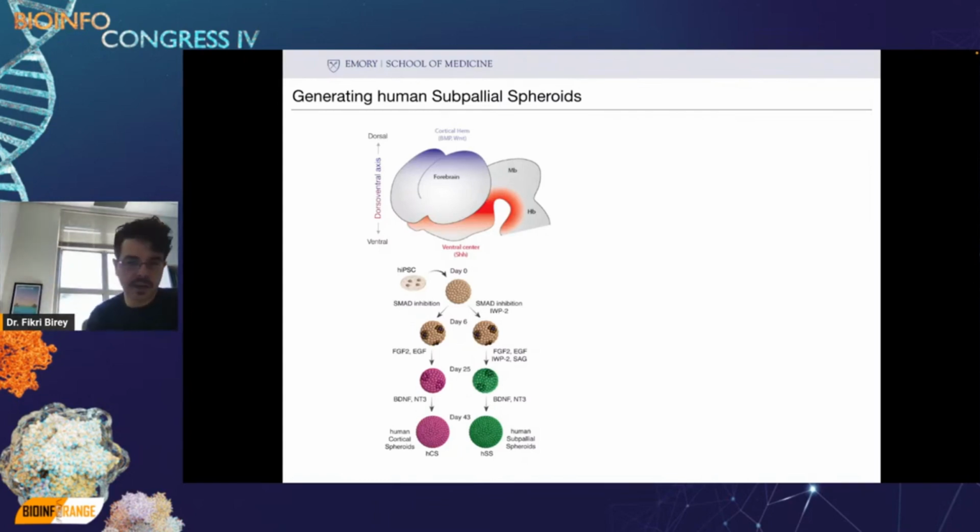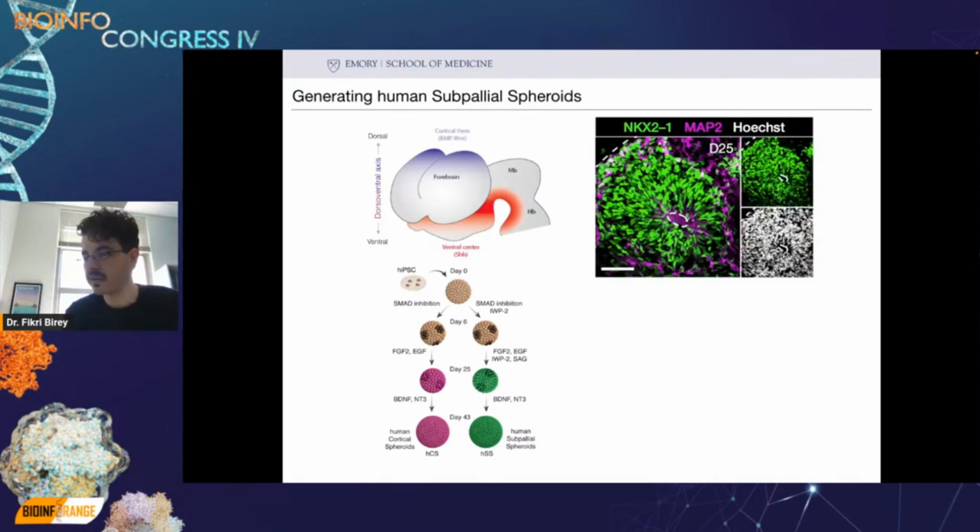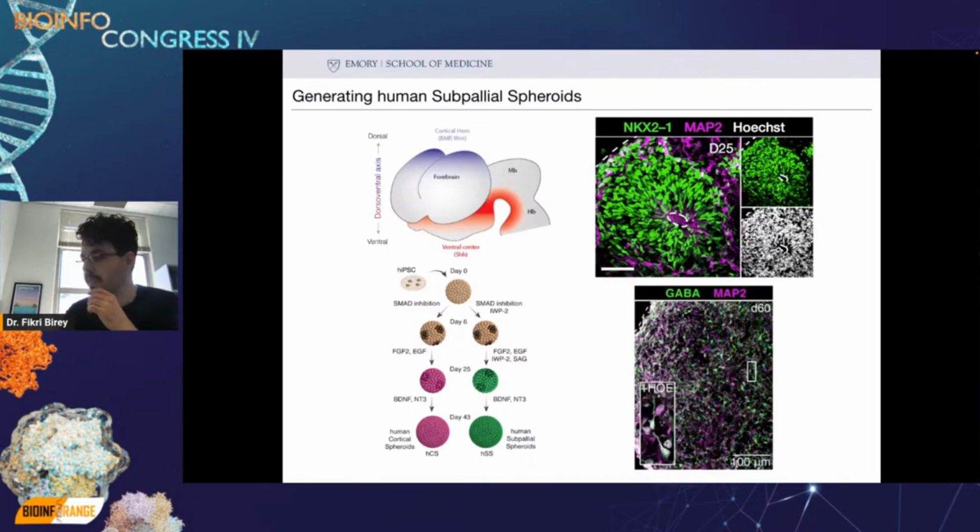We said, okay, why don't we block the Wnt signaling, which gives rise to dorsal identities, and enhance the sonic hedgehog signaling, which is enriched in the ventral regions. And that turned out to be a good enough strategy. When we started looking, we saw progenitor pools related to ventral progenitors. And when we waited a little bit longer, we were able to see GABAergic interneurons arising.